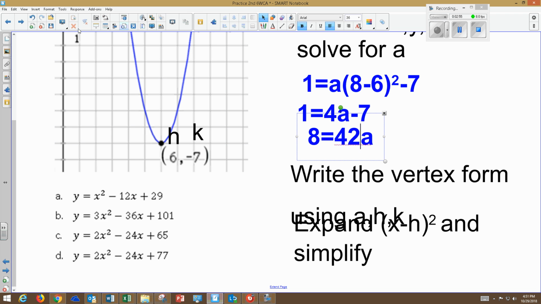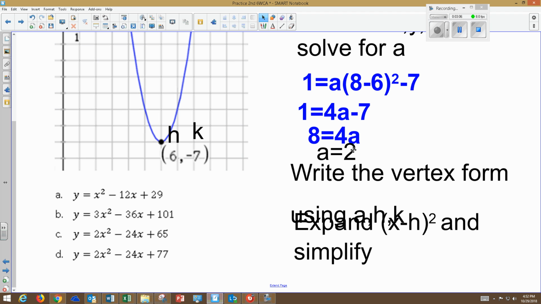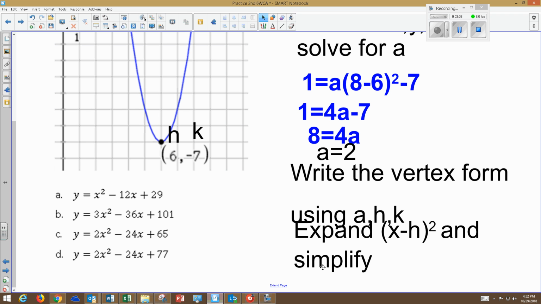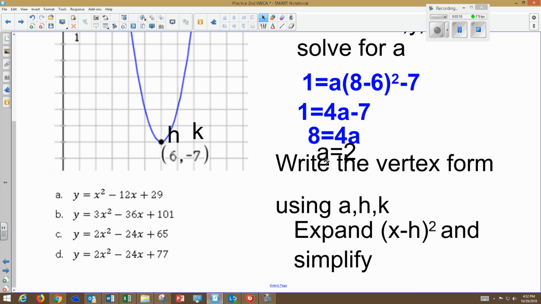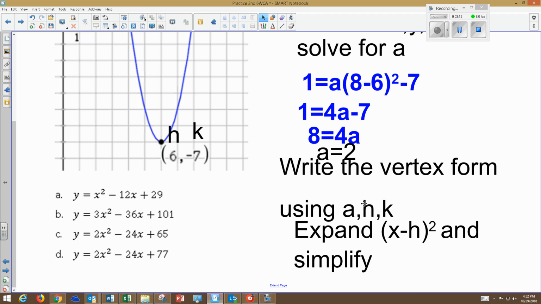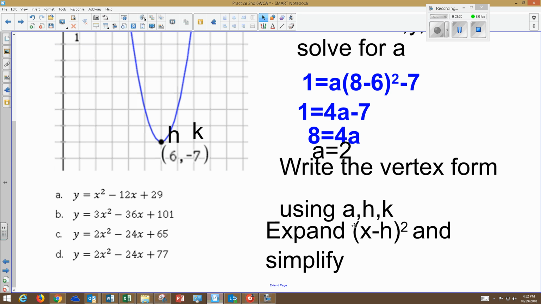So I'll just put that there, a equals 2. Okay. So now we know everything. We know a is 2, h is 6, and k is -7.